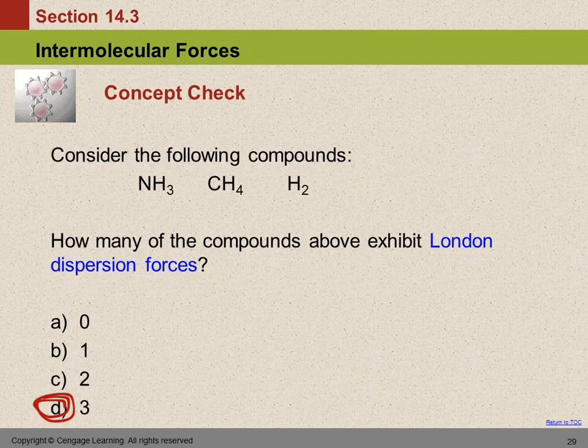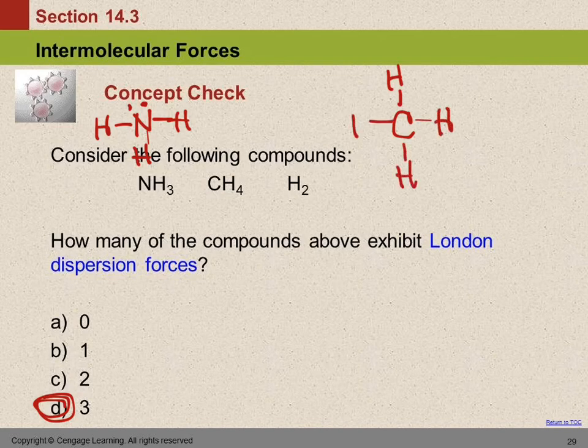Now if we look at these guys, ammonia has a lone pair on the central atom, and so we learned that that would be polar. So this would have dipole-dipole forces also. Here with methane, it's a carbon with 4 hydrogens around it.